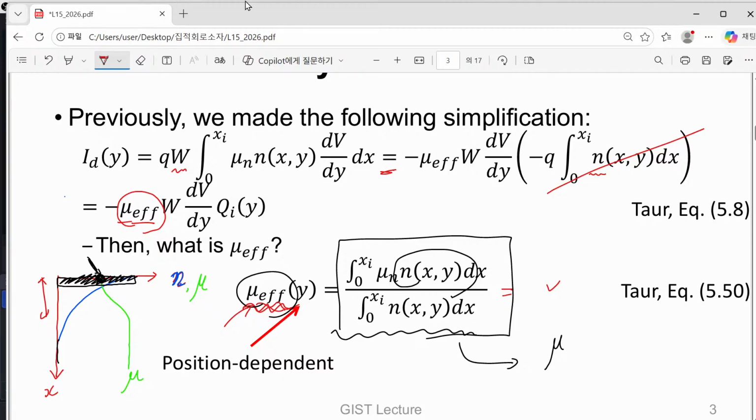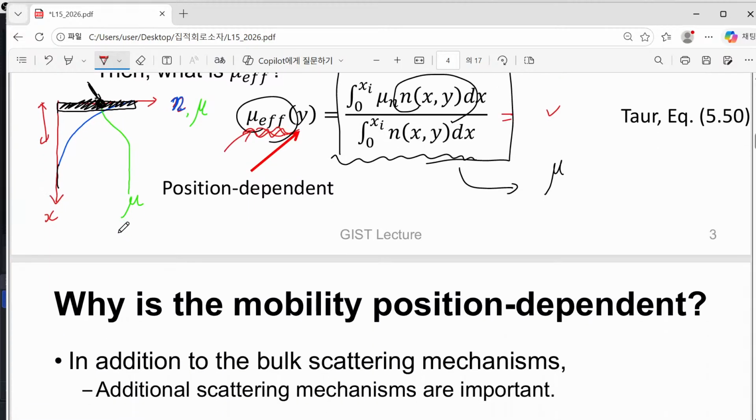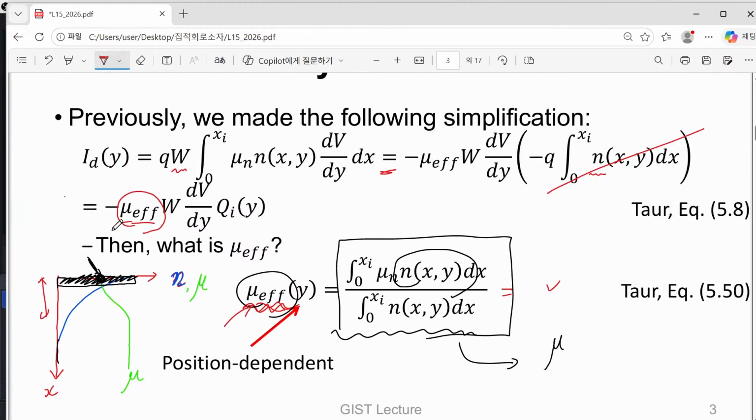Then you can quite naturally ask this question. In this discussion, we have assumed that electron mobility is a function of position x and y. Then how can we assume the position dependency of this electron mobility? They are electrons, but why do they have different mobilities at different positions?